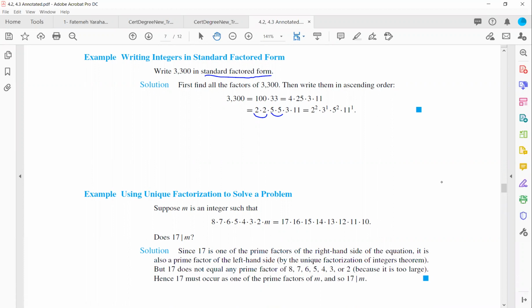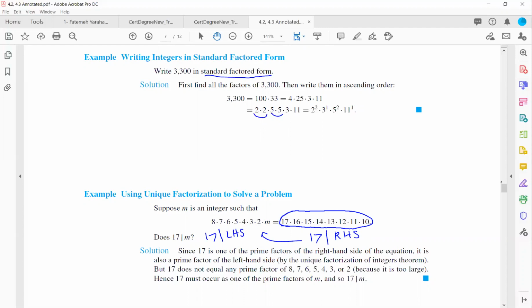Question says, is 17 a factor of m? Okay, you can say that since 17 divides the right-hand side, so 17 is a factor of the right-hand side, then 17 divides the left-hand side as well.